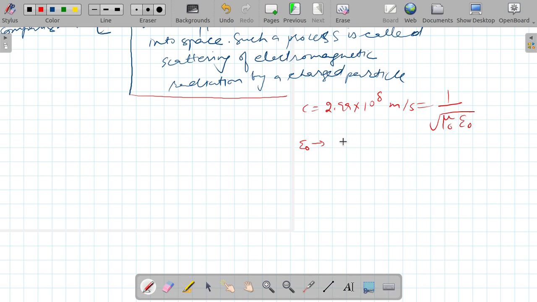where epsilon naught is the permittivity of free space, and mu naught is the permeability of free space.